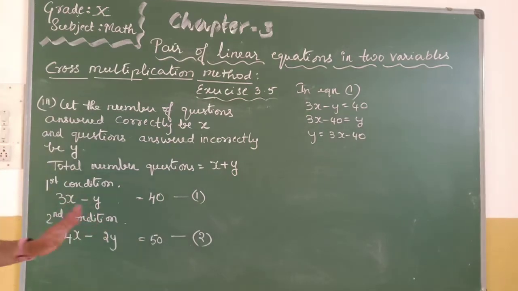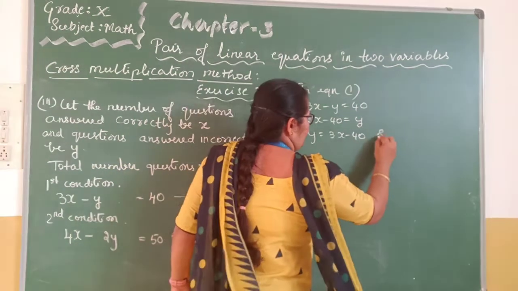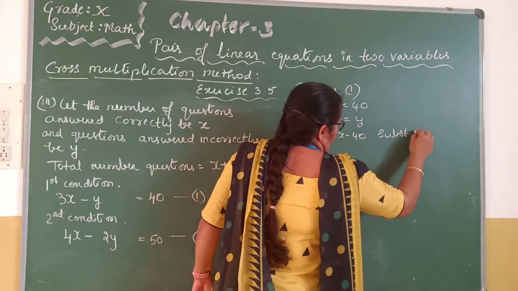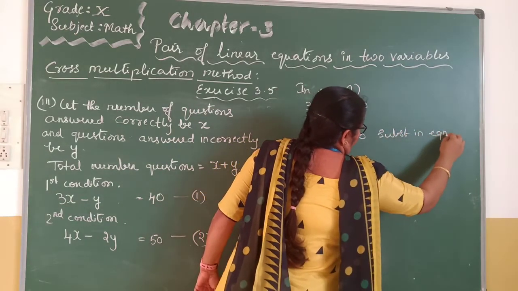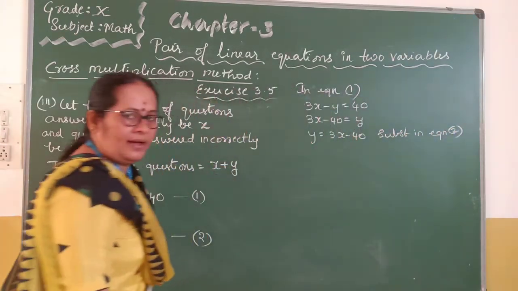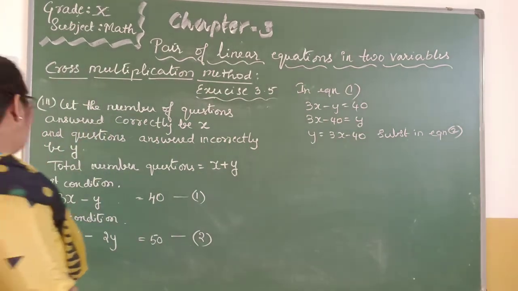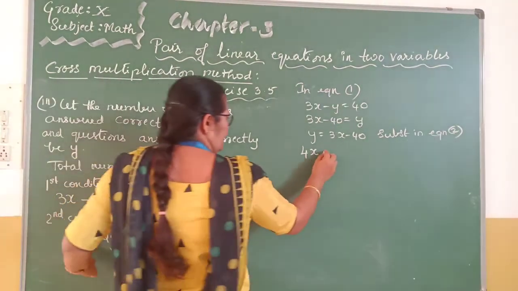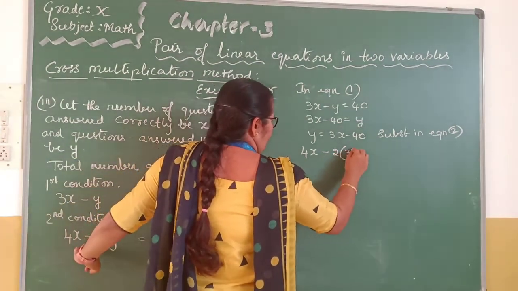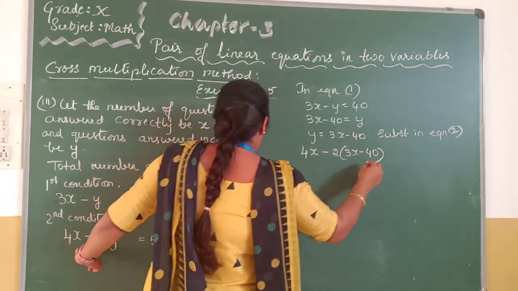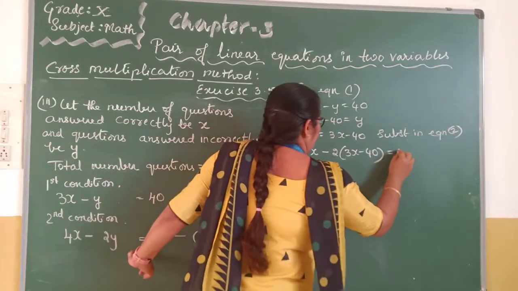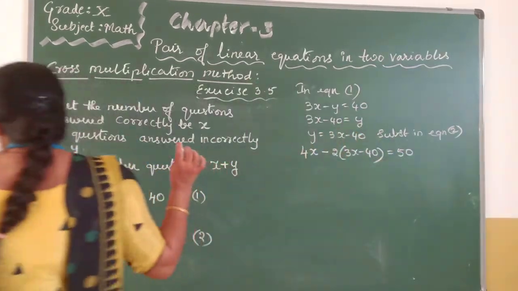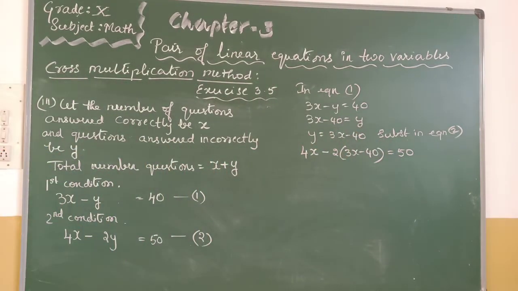This equation you substitute in equation 2, where 4x minus 2y becomes 4x minus 2 times (3x minus 40) equals 50.